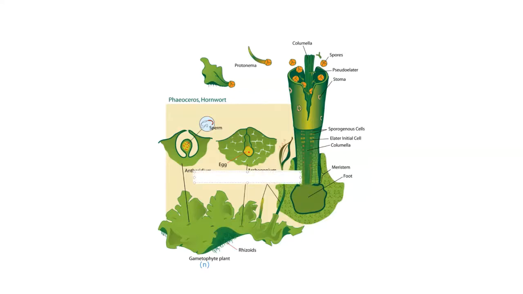So here also I'm putting N. Both are haploid. The antheridium is producing antherozoid, which is called a sperm. The archegonium, the flask-shaped structure, is producing the female gamete, which is called the egg.